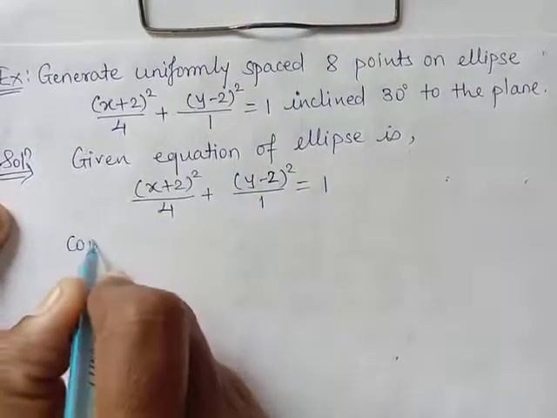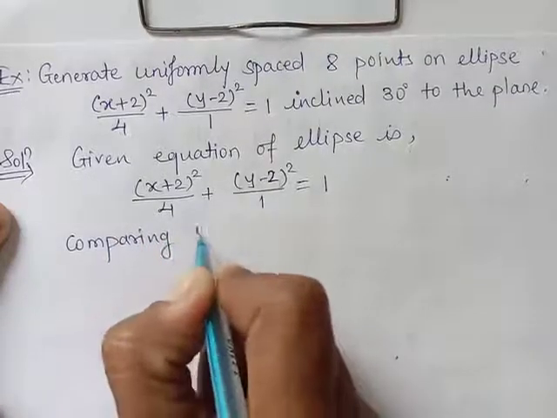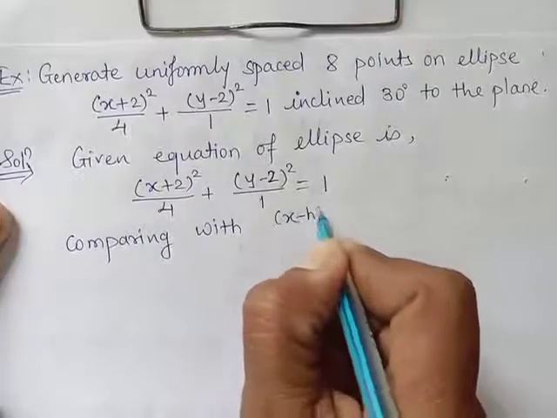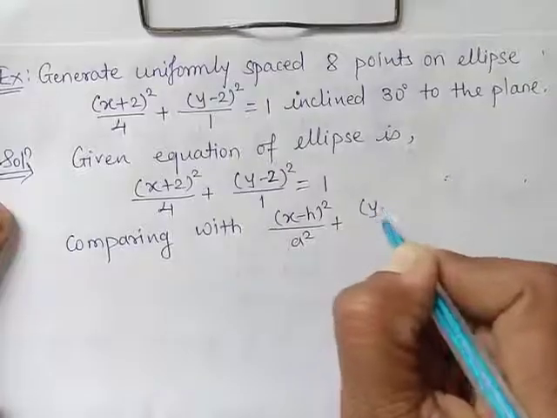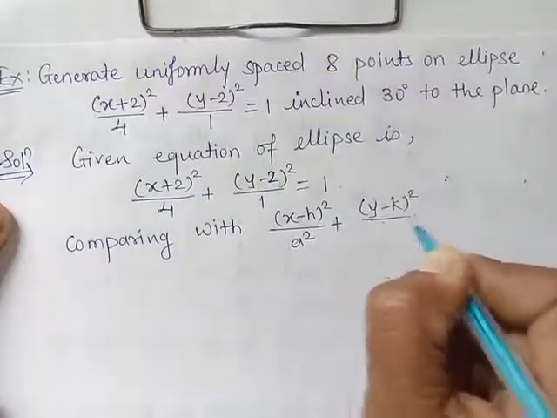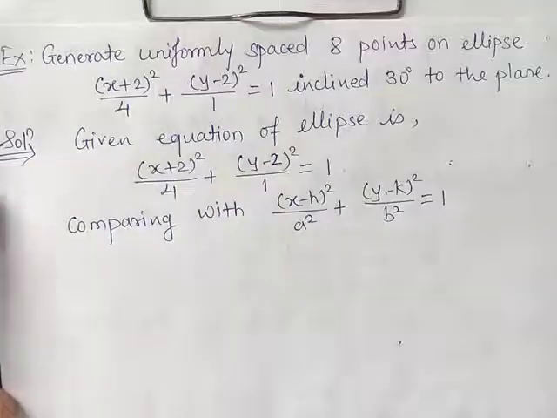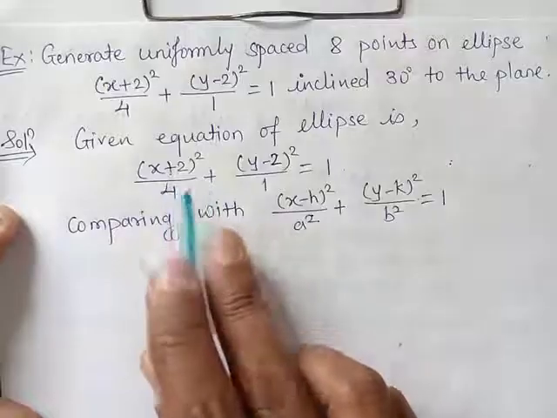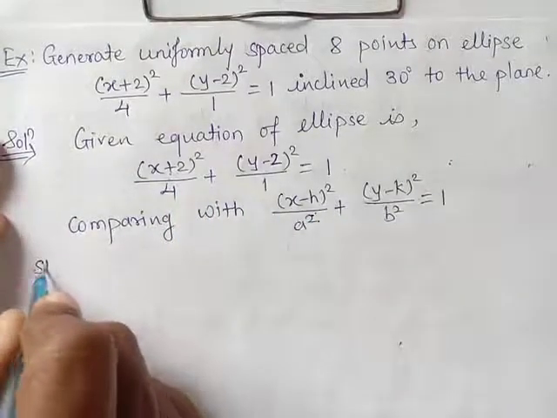Comparing with (x minus h) square by a square plus (y minus k) square by b square equal to 1, let me write the required things in step 1.